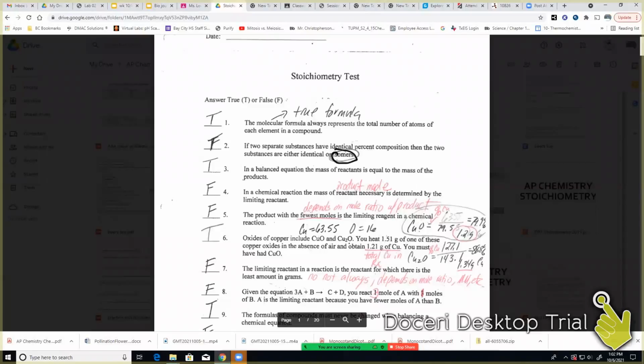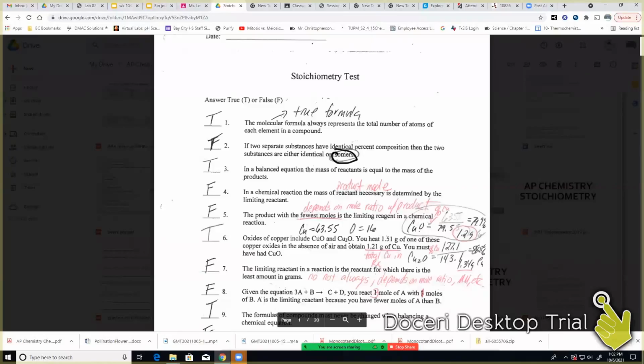So it's compounds that have the same formula, but they have, I don't want to say a different shape, they have a different rotation and it gives them different properties. So I hadn't gone over any of that. A couple of these talked about limiting reactants and what that actually meant, so I put what would have made that more true.